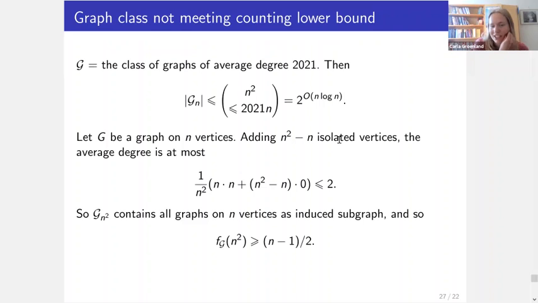So if we add about n squared isolated vertices, then the average degree will drop below 2021. So if we look at the graph class of all the graphs on n squared vertices, then we get the big set of all n vertex graphs as induced subgraphs of these, and therefore we'll need labels of size at least n-1/2 at that point already. Whereas from this one, we'd expect to need the log of n squared, which is still about log n.